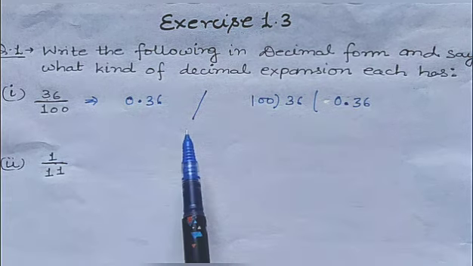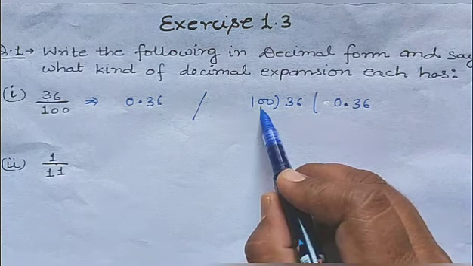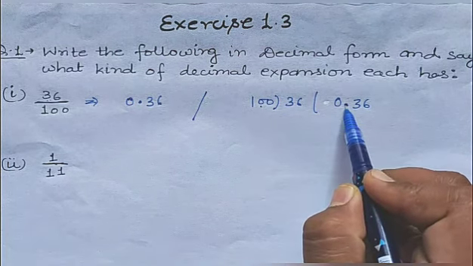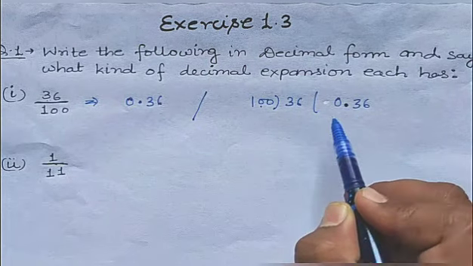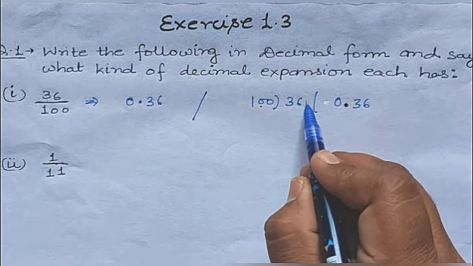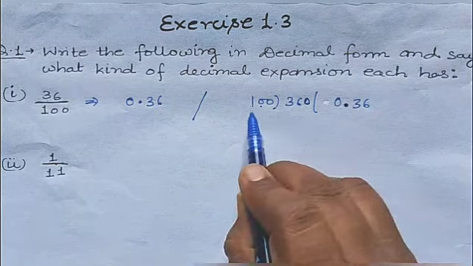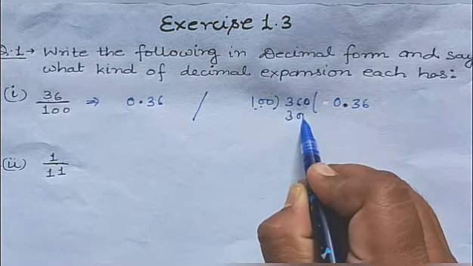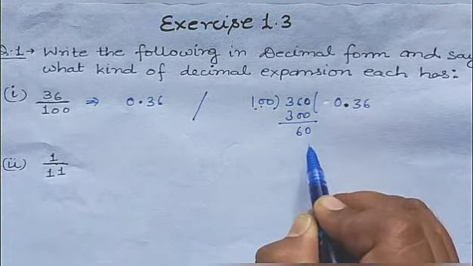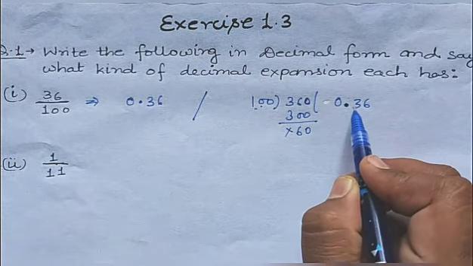If you want, you can also divide. If we divide 36 by 100, firstly it is not divisible, so you write the decimal point, then increase a 0, and divide: 100 into 3 is 300, then 60 remains.